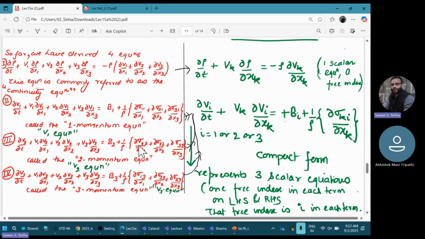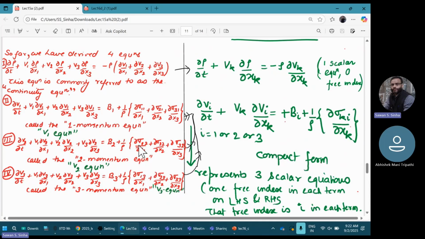For example, this equation, which is right now having 1, 2, 3, 4, 5, 6, 7 terms, I can write in a more compact manner like this. I hope you would agree with this, following the rules of index notation. Does it look correct? यहाँ एक summation है, 3 term यहाँ compact हो गया, another 3 terms compacted here.